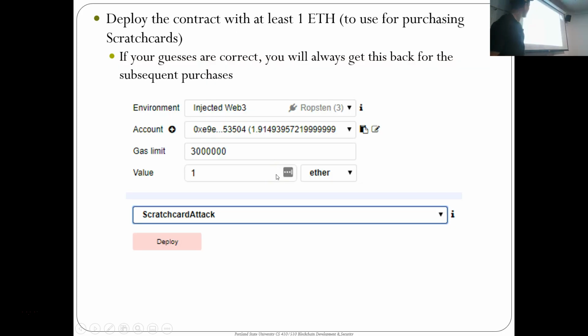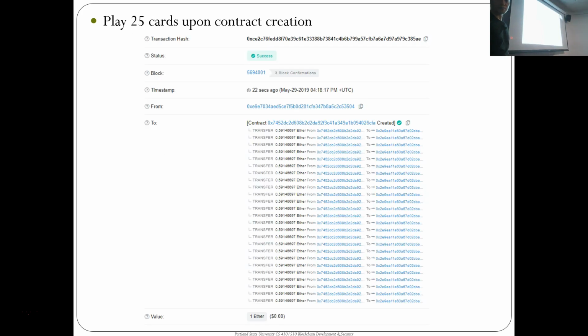Okay? So that's what I need to do. I also need to make sure I have a huge gas limit, right? Because I'm running a loop in my constructor. Hopefully, Remix has estimated the amount of gas I need to run 25 times, but you just need to make sure that thing is cranked up.